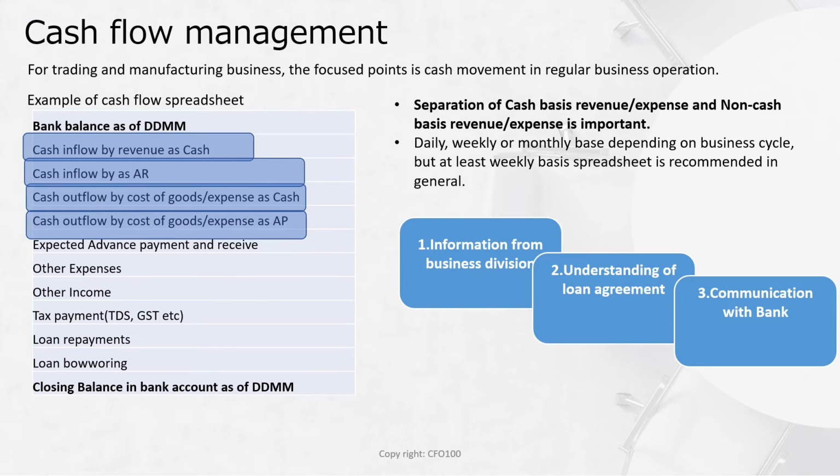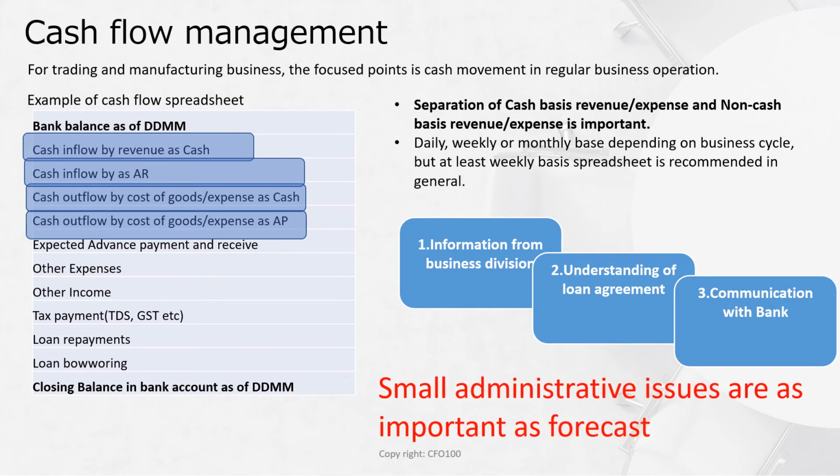For example, in developed countries, you may send an email or phone call to bank to draw down new facility, but you may need to prepare a paper document having physical signature by many persons in emerging countries which still have paper culture. Those small administrative issues sometimes cause serious and unexpected constraint of cash.